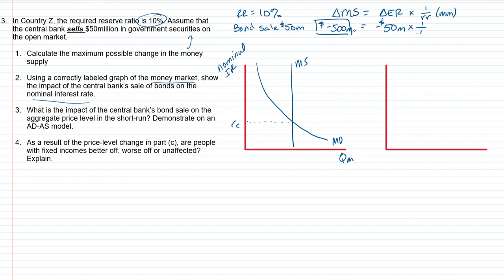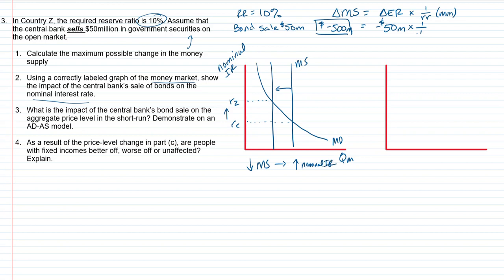And so we said the money supply is going to decrease by 500 million, so we can shift this money supply to the left, and a leftward shift of the money supply is going to raise the interest rate to R2. So we can say a decrease in the money supply is going to lead to an increase in the nominal interest rate.